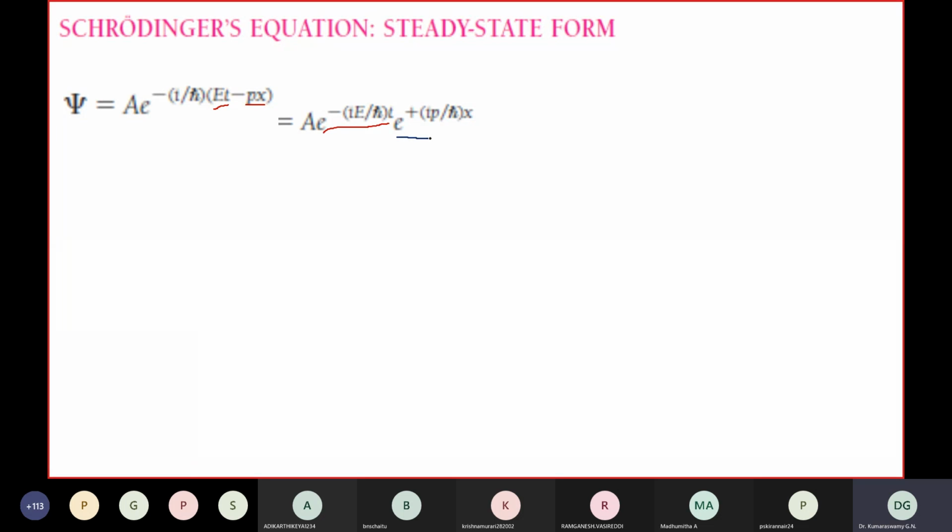This is the position dependent part. Now we take this A and this position dependent part together and represent them as psi. Sorry, I'll call this phi for the time being. So these two together are represented as phi. And this e to the power of minus iE by h cross t, which is a constant and doesn't influence the particle actively, is kept separately.